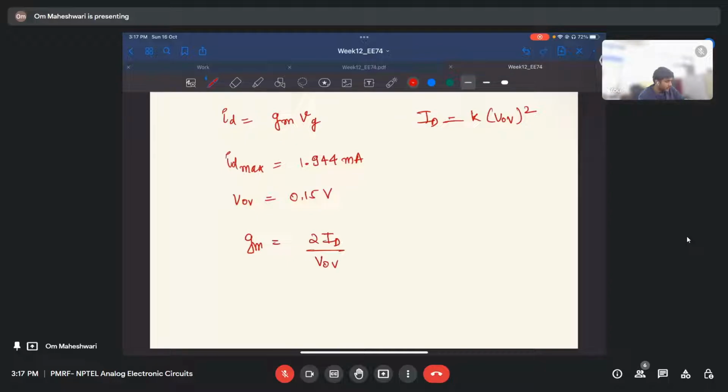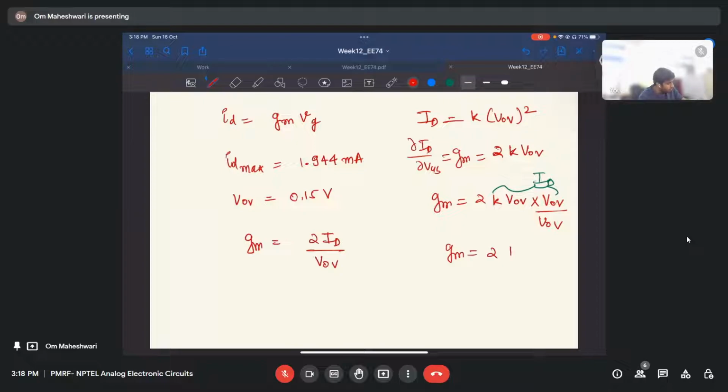So del ID by del VGS into GM is 2K VOV. So GM equals 2K VOV. We can multiply by VOV upon VOV. So this thing is what? ID. So GM equals 2ID by VOV. So we will use this relation here.